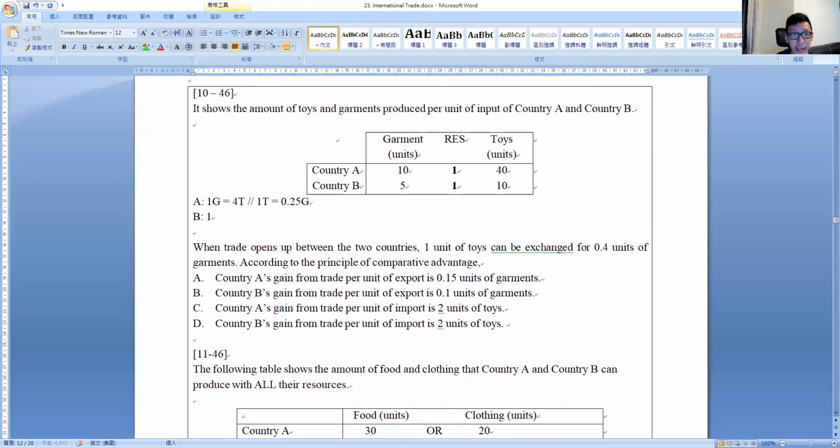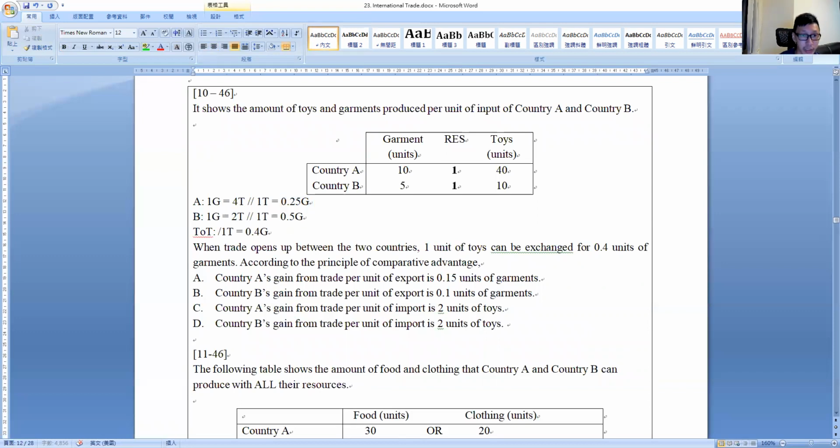For country B, 1G equals 2T, and 1T equals 0.5G. When trade opens up between the two countries, 1T can be exchanged for 0.4G. The terms of trade would be 1T equals 0.4G, which lies between 0.25 and 0.5, so it works.